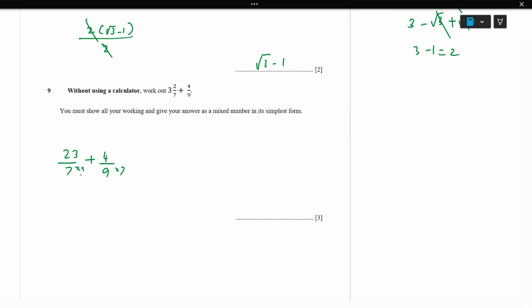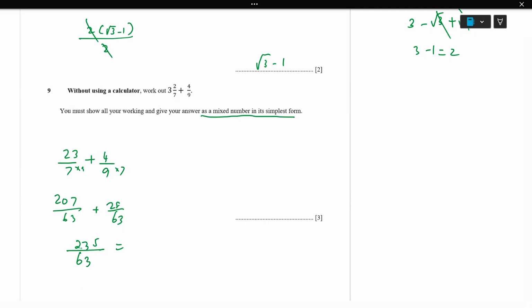So 23 times 9 is going to be 207 over 63, plus 4 times 7, which is 28 over 63. So the denominator is going to be 63, and the numerator 207 plus 28 is 235. Give the final answer as a mixed number.